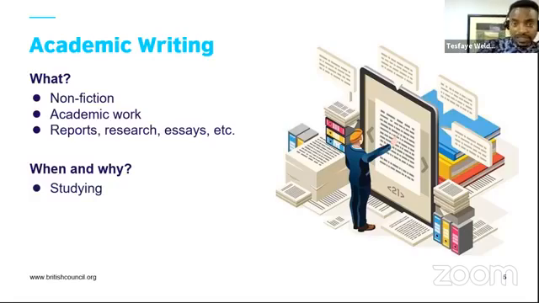When you're studying at universities or secondary schools, you might need to be able to write effectively in academic writing style. You would also need them for your work purposes. So these are the two places that we use academic writing.